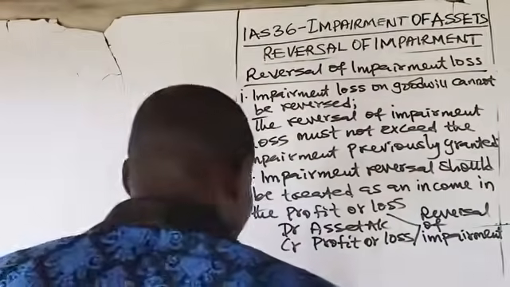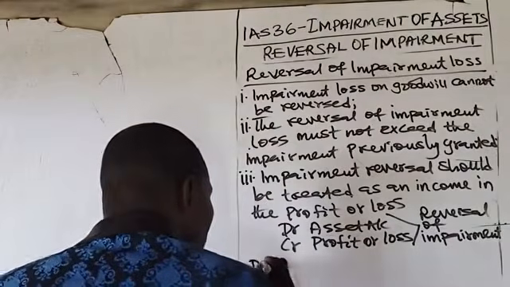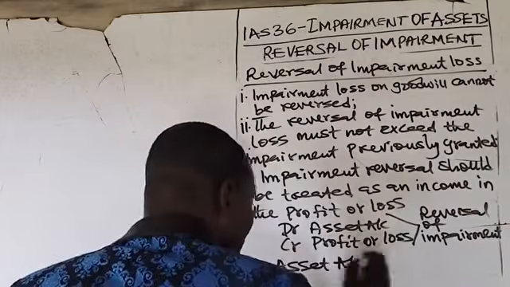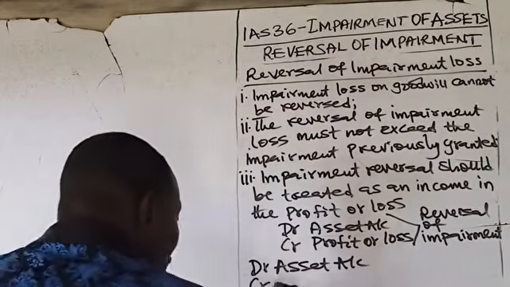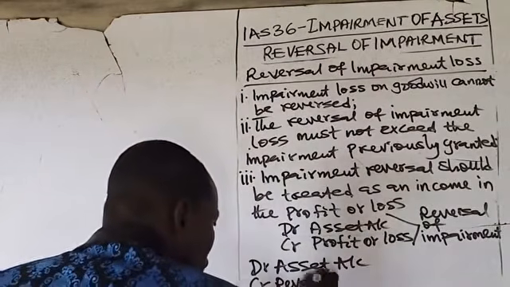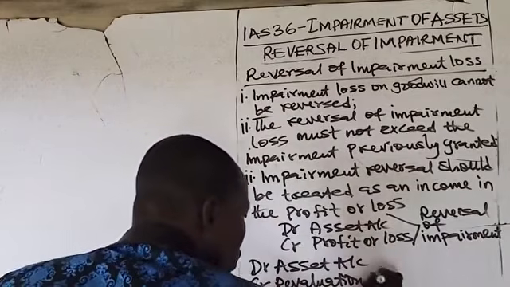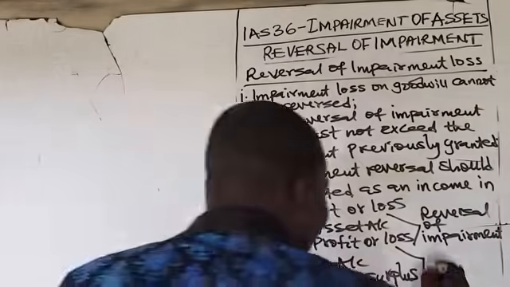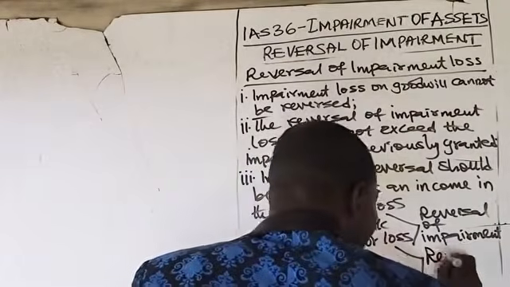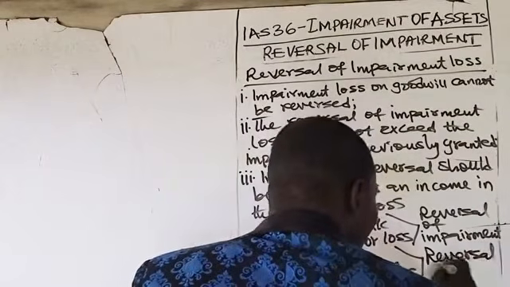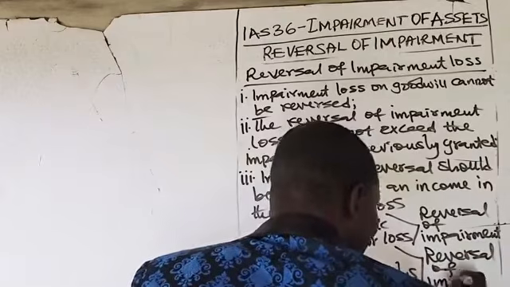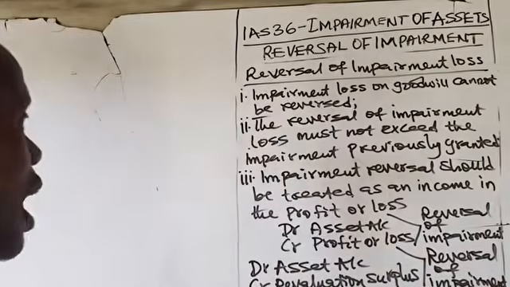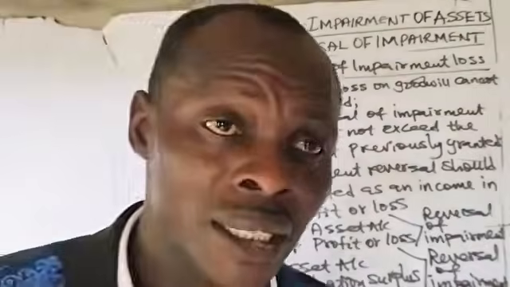So in that case, you debit the asset account in order to increase it, and you credit revaluation surplus.